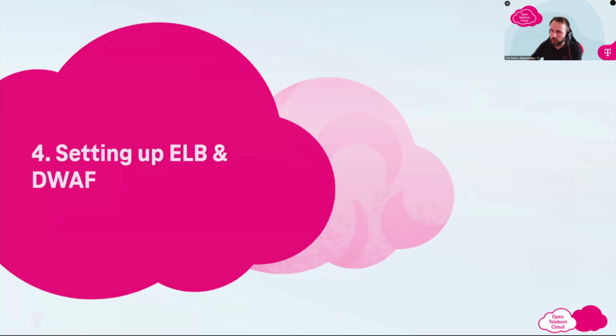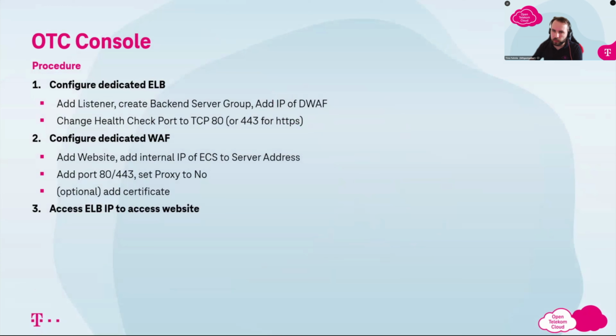First of all, we need to configure the Elastic Load Balancer. We need to add a listener and create a backend group where we can add the IP address of the dedicated WAF. We also need to enter the health check, so we can check the health of the WAF. There's an HTTP health check, which we need to change to port 80 because we use HTTP.